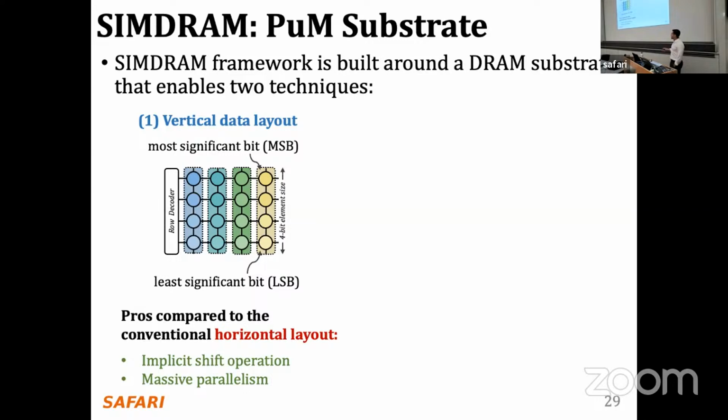So now I can see my DRAM subarray as a single instruction, multiple data processing engine, with as many SIMD lanes as I have DRAM columns in a DRAM subarray. In a DDR4 chip, we have around 65,000 DRAM columns. So it's a very wide SIMD engine, and you're going to see the problems of that later on.